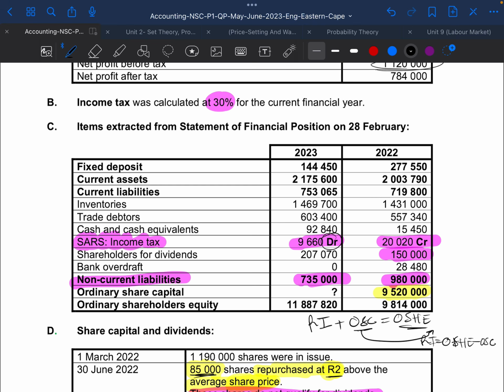when you're calculating your cash and cash equivalent. Now we are given cash and cash equivalent here at the start of the year. We have 15,450, but I'm also seeing a bank overdraft here. At the start of the year, we had a bank overdraft of 28,480. So our bank overdraft is over and above our cash and cash equivalent.